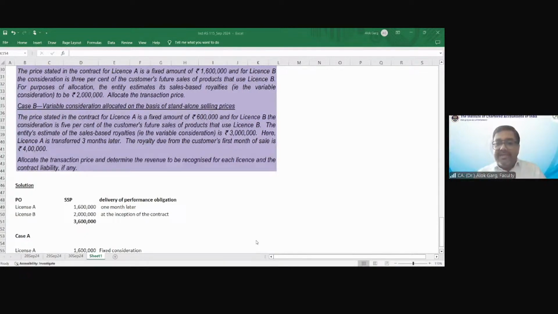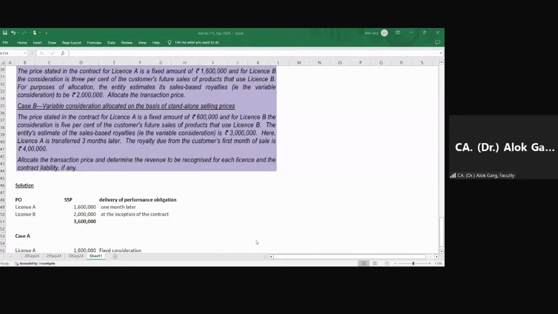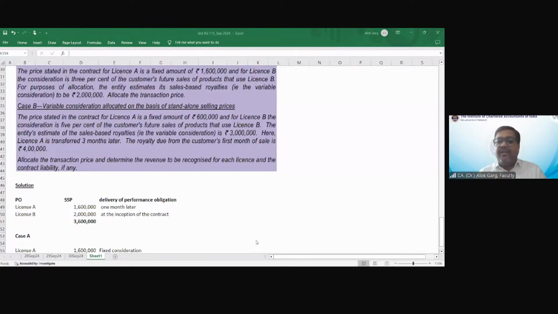The entity estimate of the sales based royalty is rupees 30 lakh. So this entity is expecting that the total sales based royalty comes out at 30 lakh rupees. Here, license A is transferred 3 months later on.